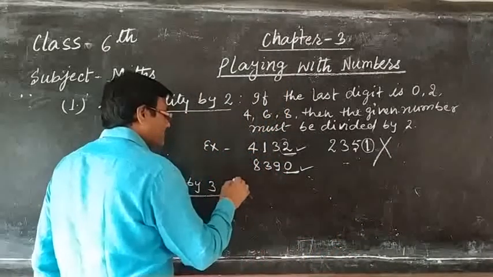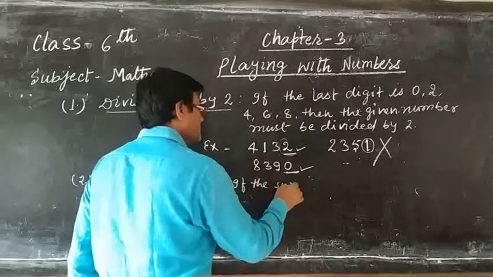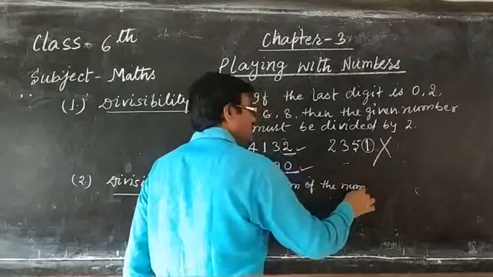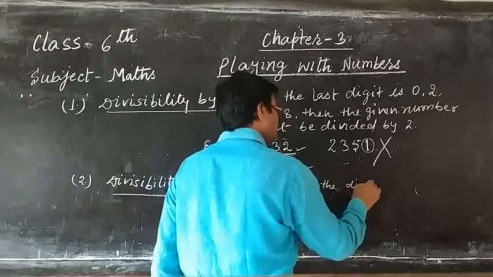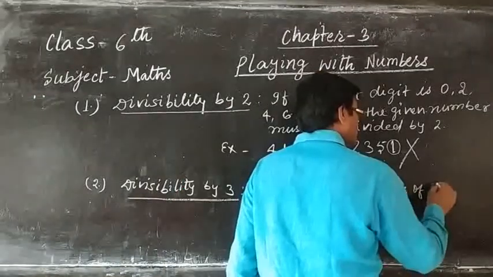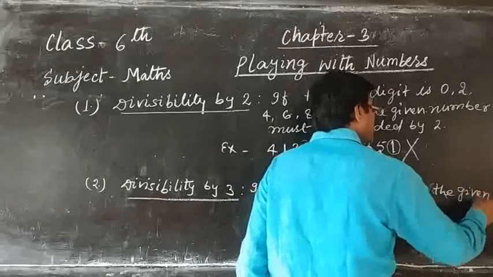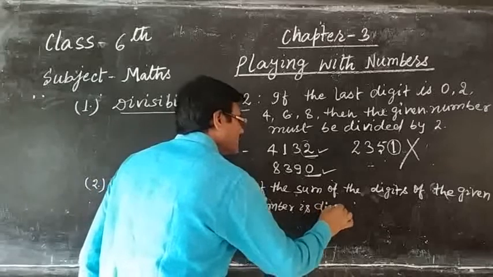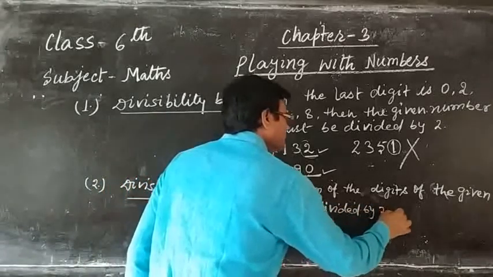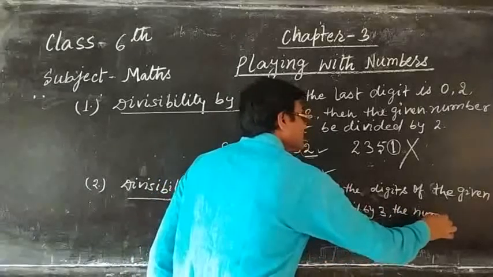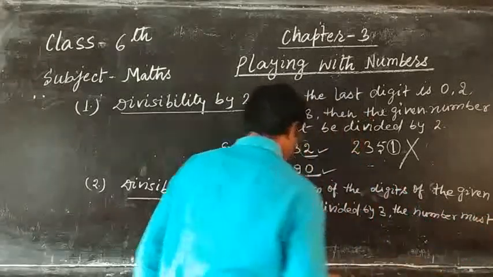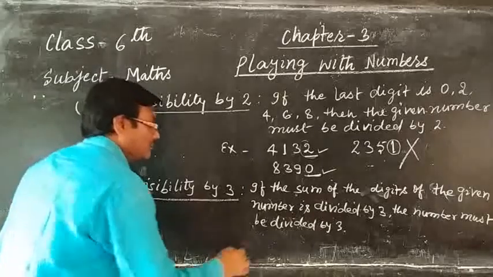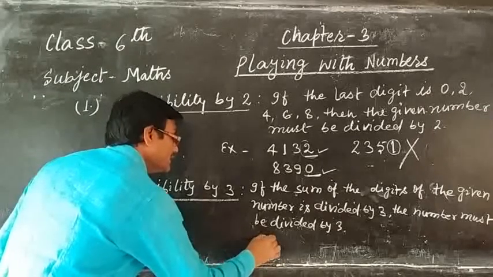If the sum of the digits of the given number is divisible by 3, the number must be divisible by 3. As an example, I am taking a number 81.